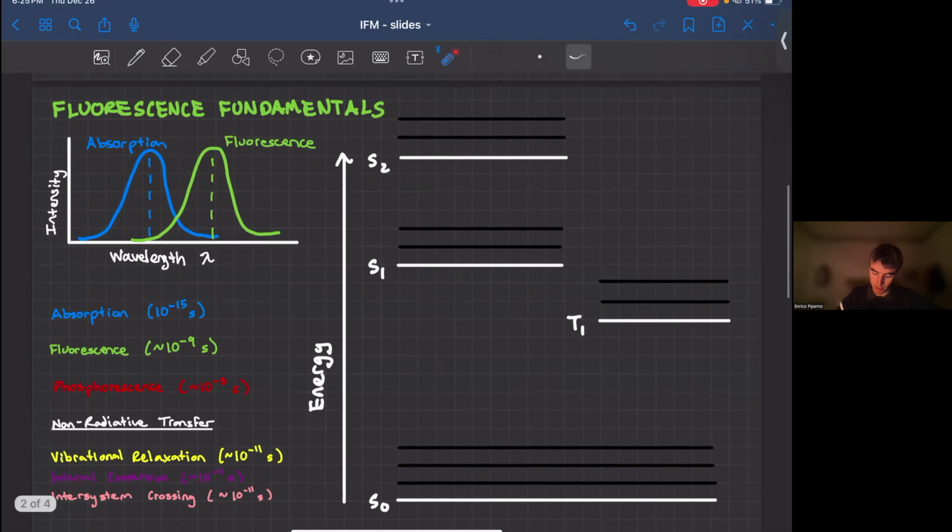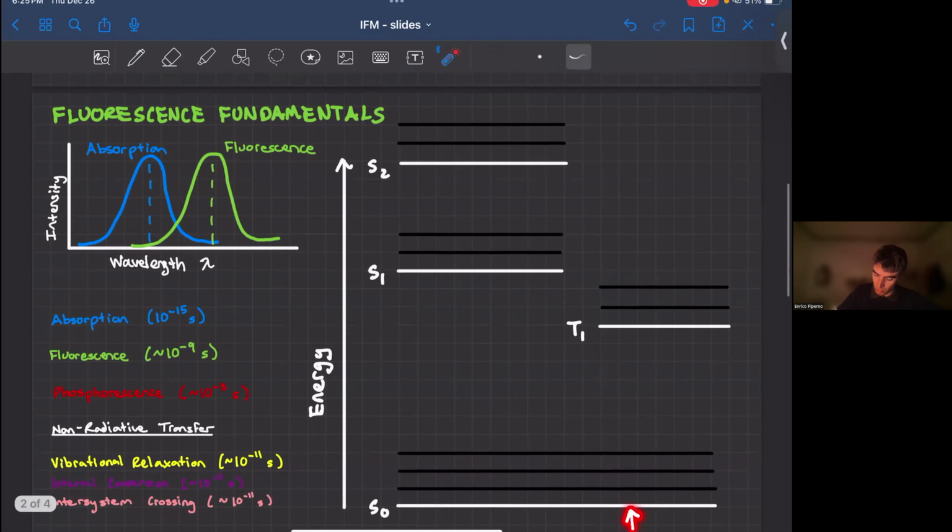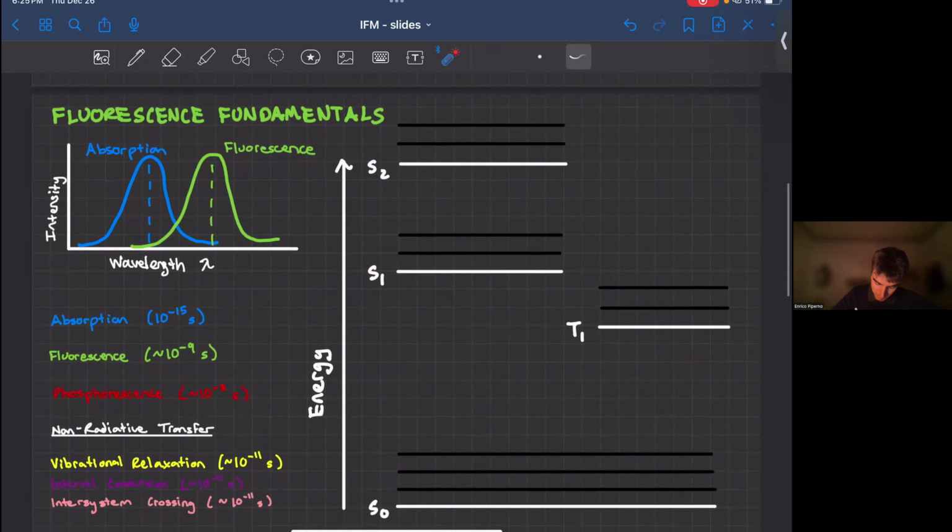In T1, one electron remains in the ground state while the other is bumped up to the triplet state. However, these are unpaired or aligned. The black lines, which are drawn here, represent the vibrational energy levels of each of these states. These are quantized and are at a higher energy than the first state.